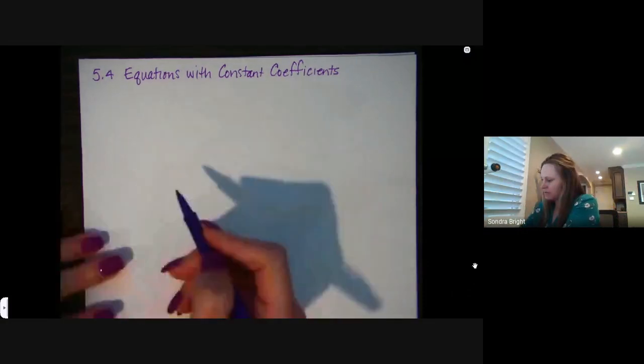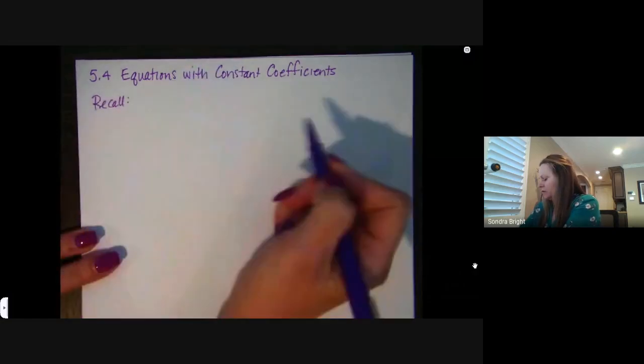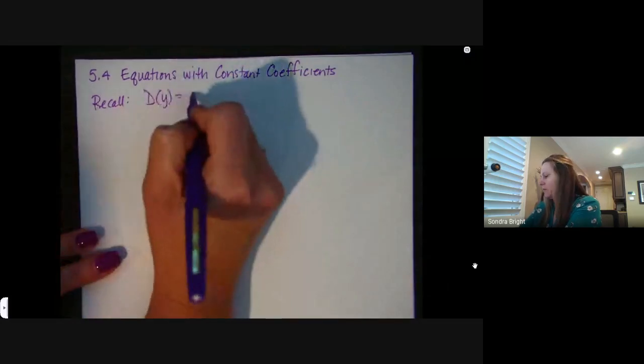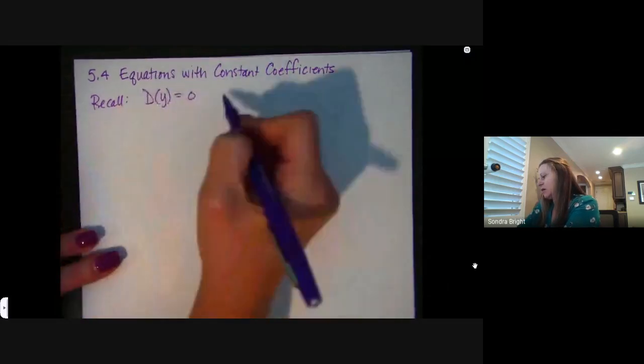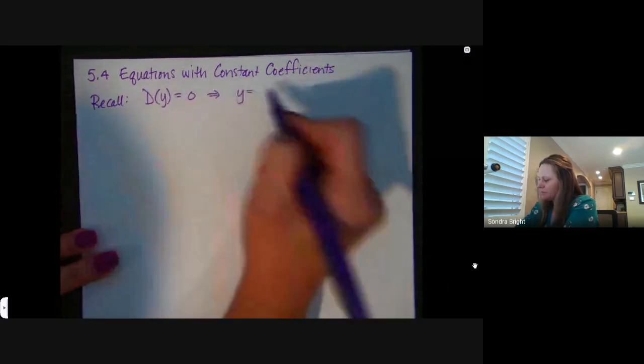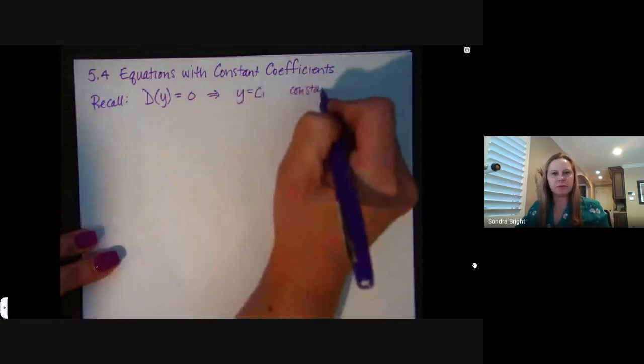Remember that if you take the first derivative of y and it's equal to 0, then that means our y must have been a constant, right? It's a constant function if, when you take the first derivative, you end up getting 0.